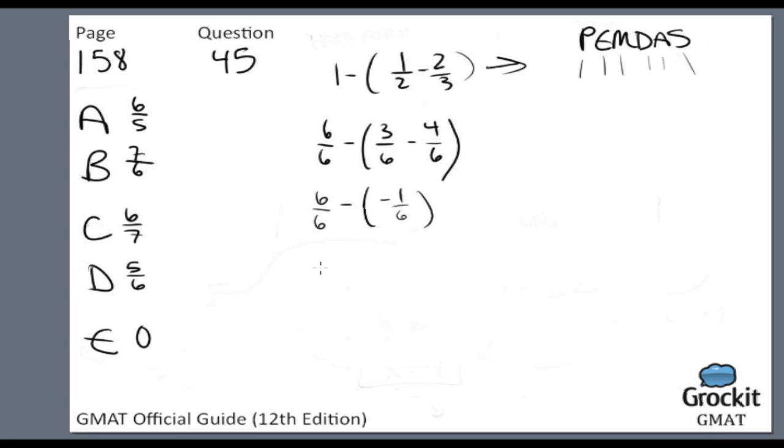Subtracting a negative number is the same thing as adding a positive number. So 6/6 plus, I could just say 1. I guess that would make my life easier. But anyway, it's the same thing as adding a positive number. So that's 6 plus 1 equals 7/6, which is our choice B.